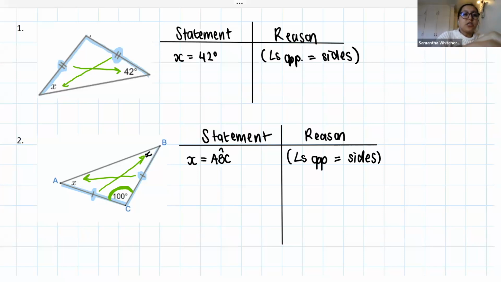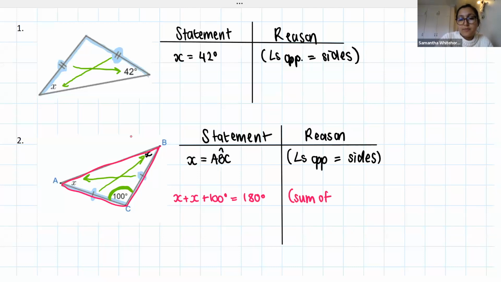Now, based on the shape that I have been given, I have got a triangle here. And we know that if we add up the angles in my triangle, so x plus x plus 100, I must get 180 degrees. And my reason there would be sum of angles in triangle.